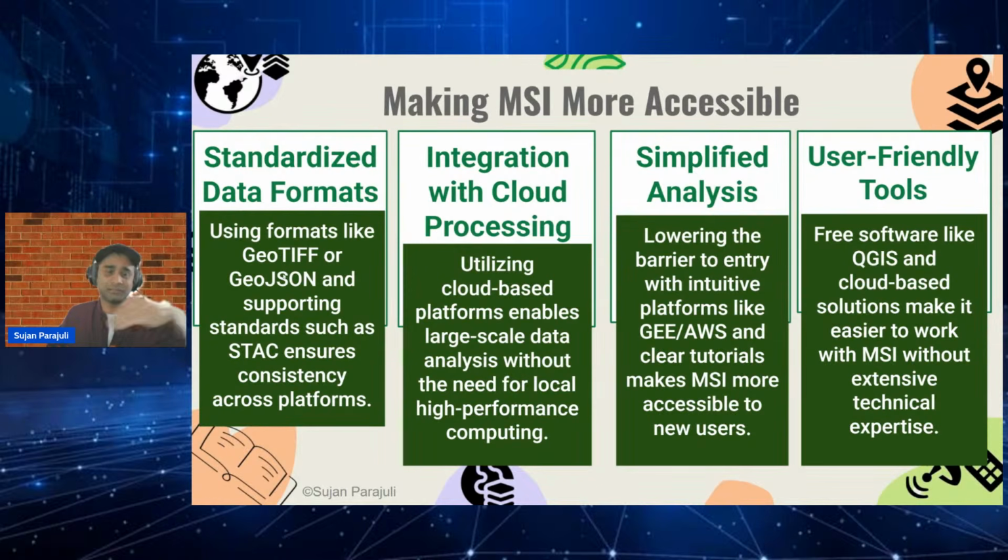Those are easier to load and extract information from. And on the cloud we are also going to use STAC. And for making the processing accessible, instead of doing that on your local computer, it's now switching to cloud computing.